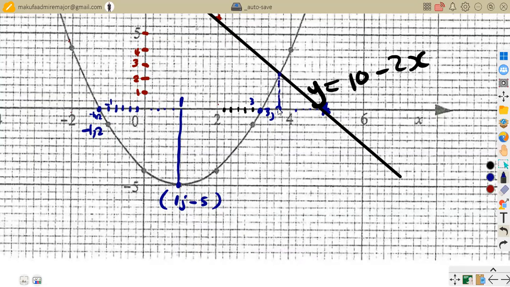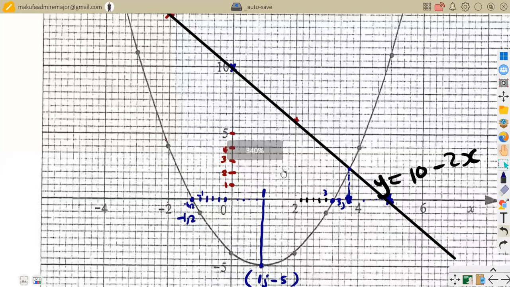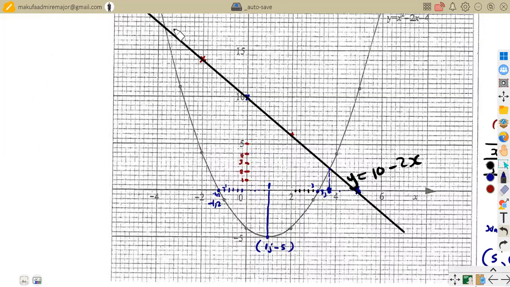So you take the value of x to the x-axis. You do the same at the other point there, where they meet here. So where they meet, drop the values straight to the x-axis. You state the value of x that you see there directly. So this one was supposed to correspond somewhere to 3.7, something like that.